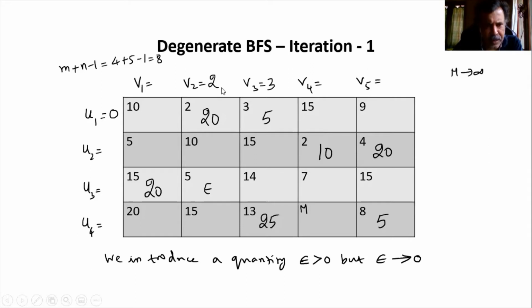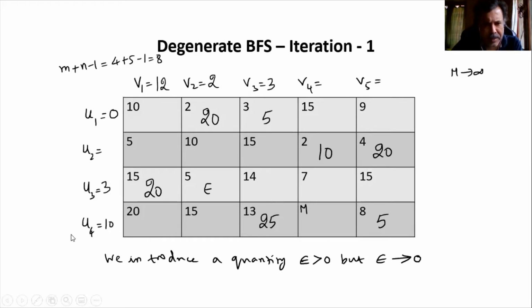There is an allocation here. 2 plus something, I should get this 5, so that something should be 3. 3 plus something, I should get 15, so this something should be 12. Then 3 plus something, I should get this 13, so that something should be 10.